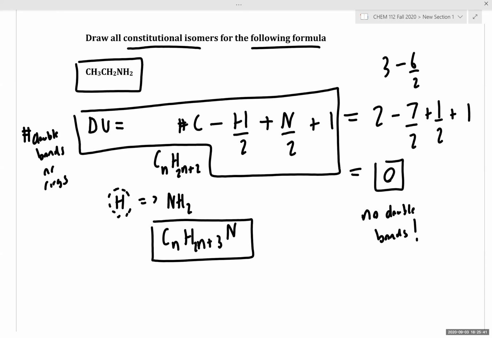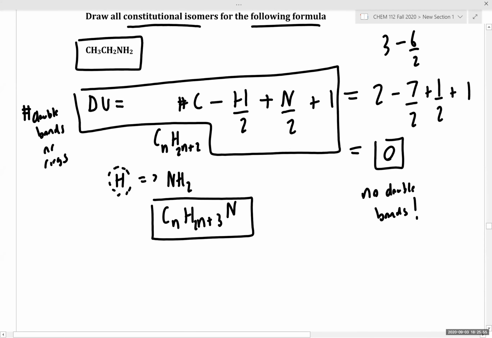But I want to make sure that everyone can at least draw some constitutional isomers for this representative example. And don't be shy to share your responses in the chat for your proposed constitutional isomers.